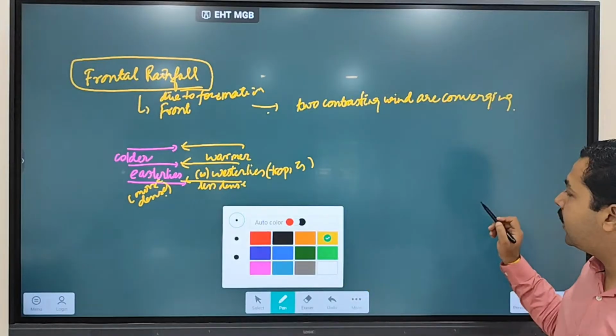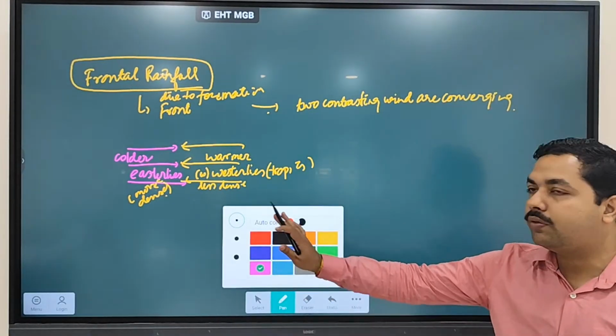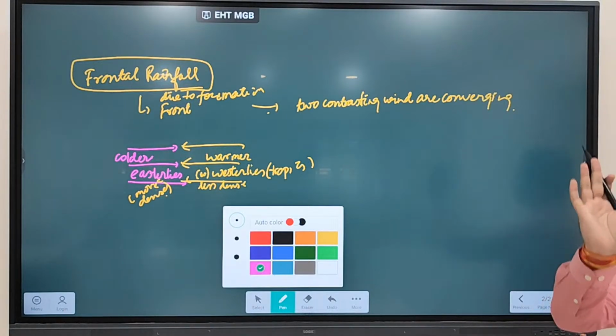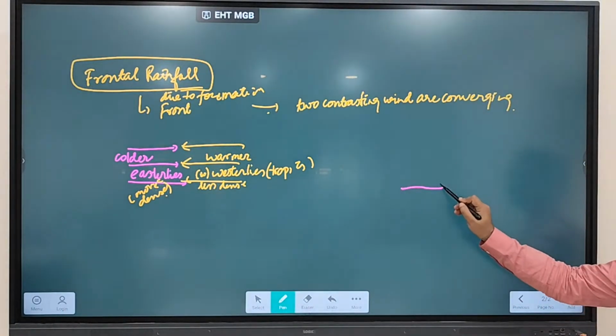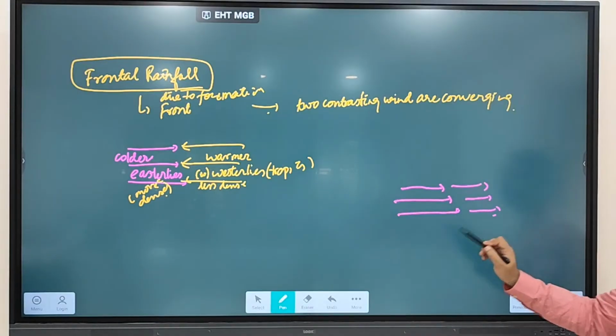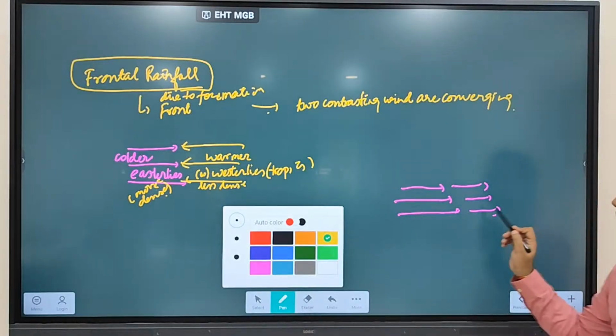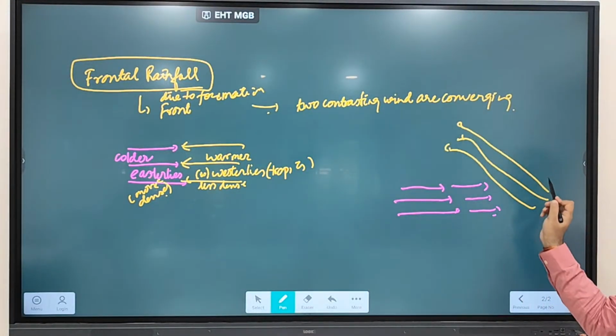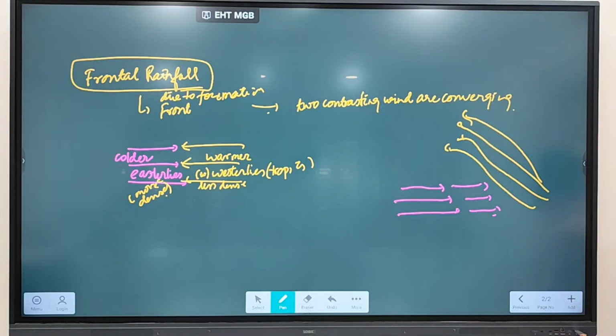We discussed the more dense wind will stay at the surface, while warmer wind will be uplifted. Clear? So colder wind will remain at the surface, while warmer wind, being less dense, will be uplifted.